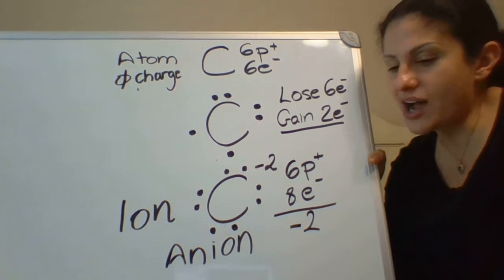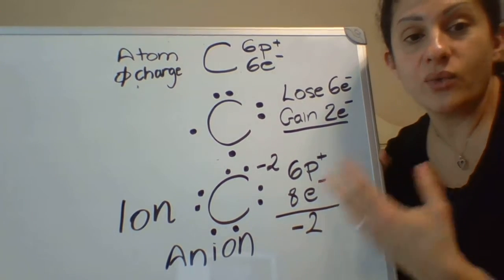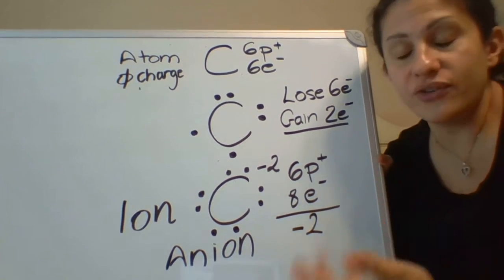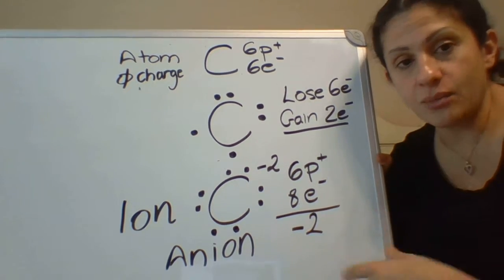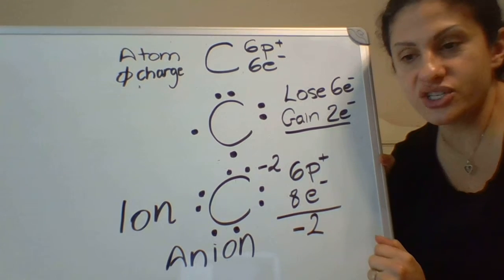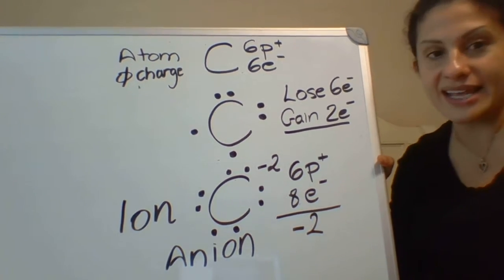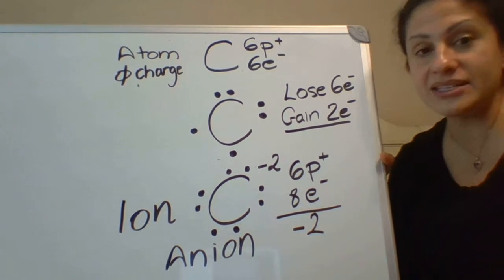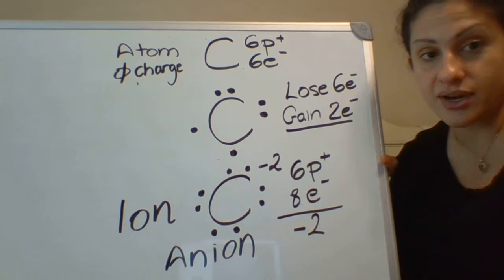So that is how elements decide whether they're going to gain or lose. It is in order to achieve a full valence shell. And some will decide to gain, some will decide to lose, depending on their structure initially. Patterns. Once again in the periodic table, you will notice that all elements in a group have the same number of valence electrons.